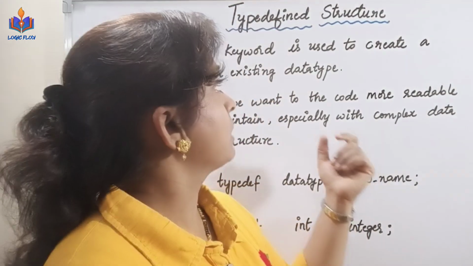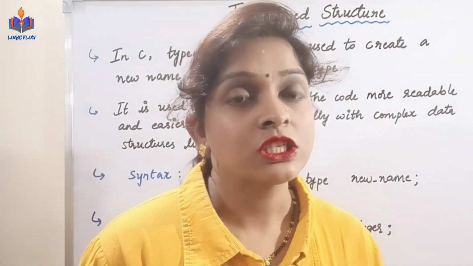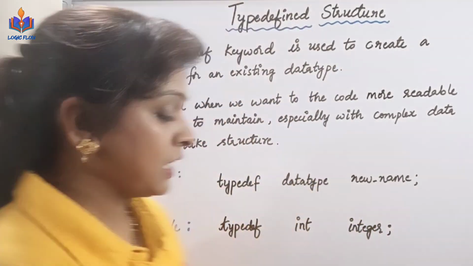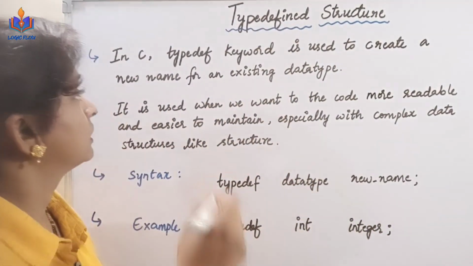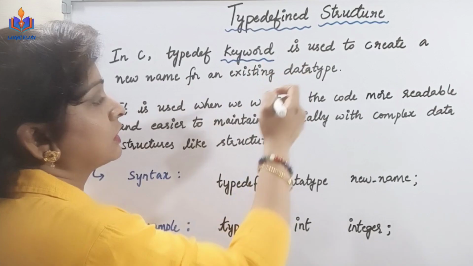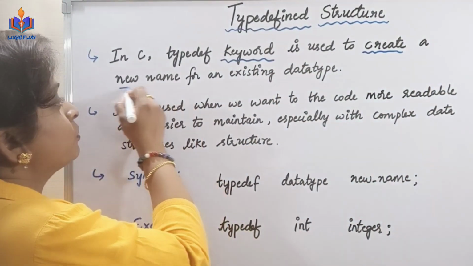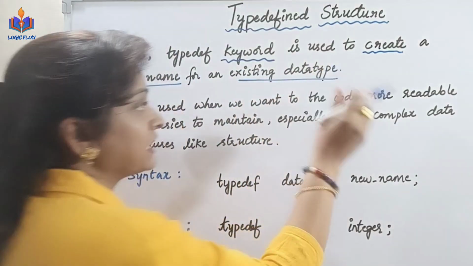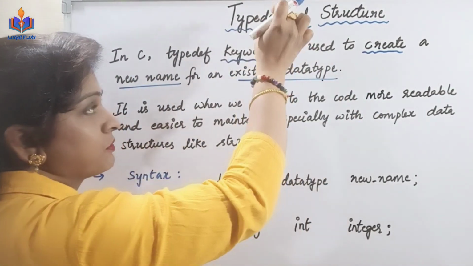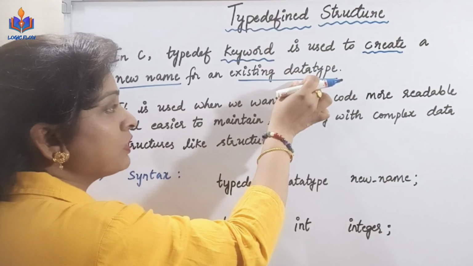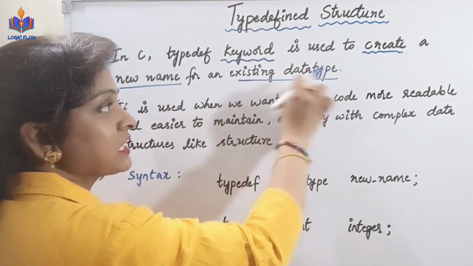Typedef, type defined structure. So what actually is this Typedef? Typedef is a keyword that we use in C to create a new name for an existing data type. Typedef means you are giving a new name to the existing data type.